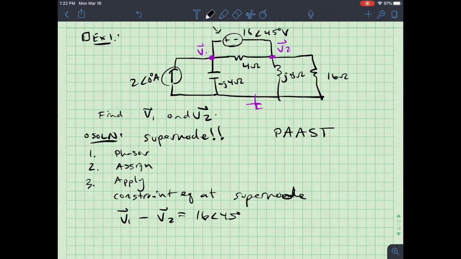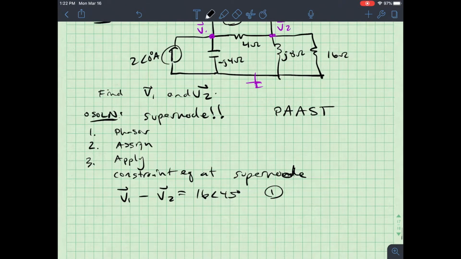Where do I come up with that, you may ask? Well, I'm so glad you asked. I'm going to take the voltage at the plus side minus the voltage at the minus side and set those equal to the voltage in between. That's where the constraint equation comes from.